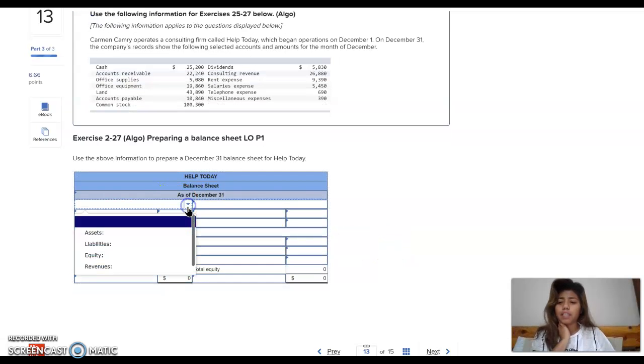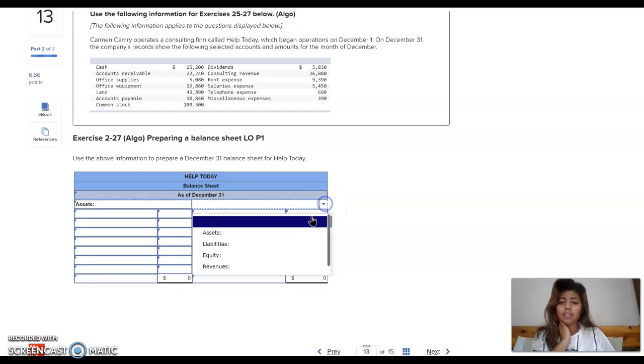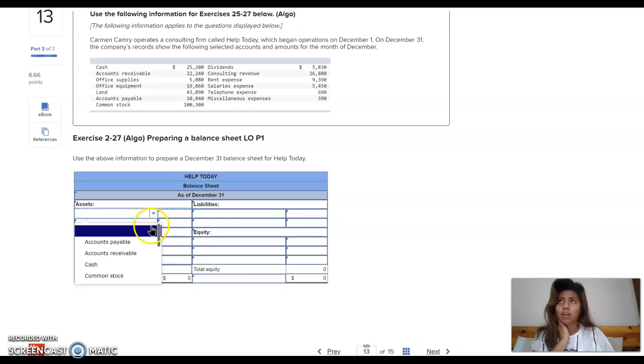So a balance sheet has three parts, and the first part is the assets. The second part will be the liabilities right here. And then the third part is going to be equity. So assets are anything that has money value, or that basically the owner owns.